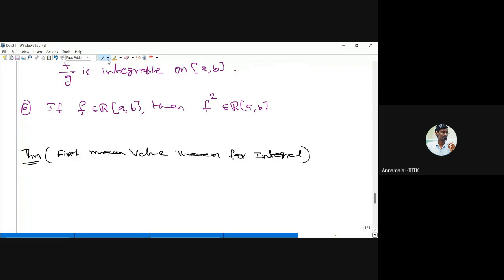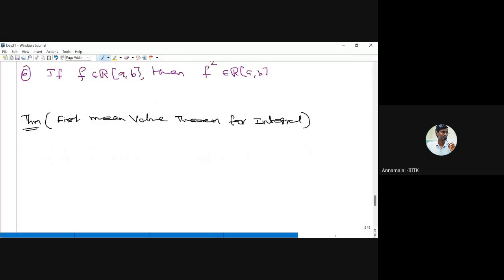So what does the theorem say? Again, suppose f is a bounded and integrable function on the closed interval a comma b.